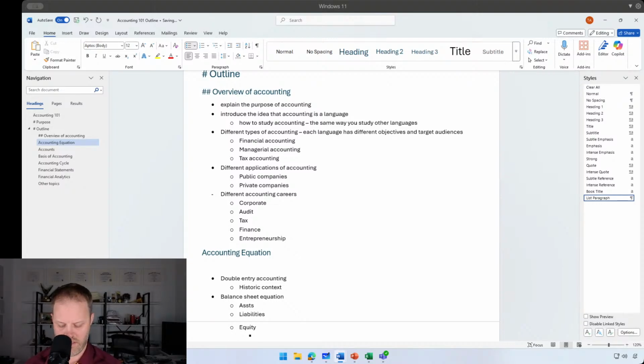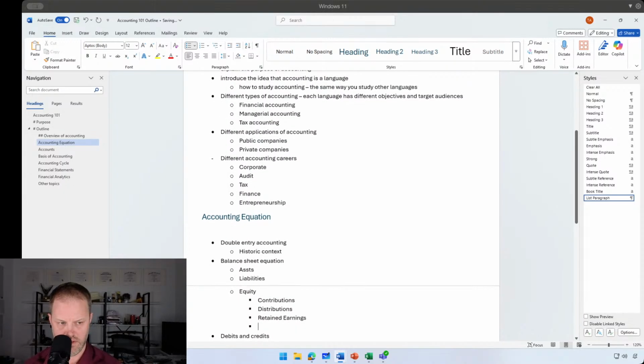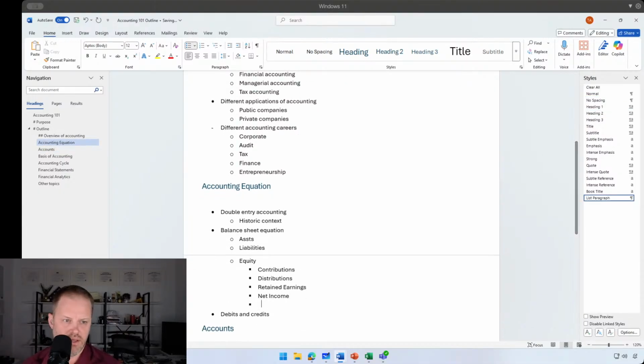Within equity, the idea of contributions, distributions, retained earnings, and net income. Then T accounts.